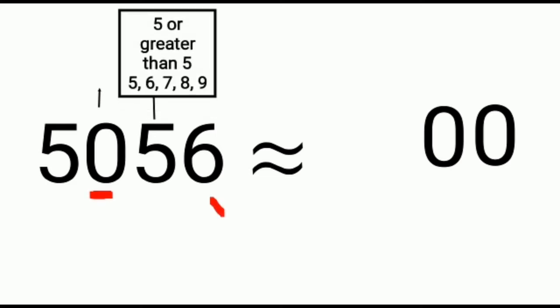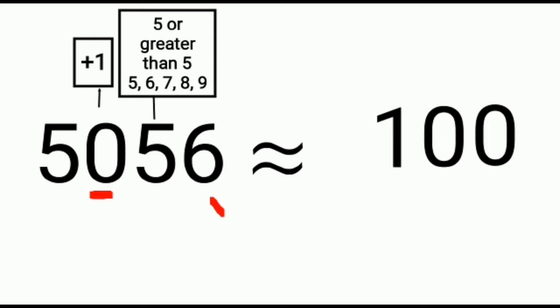So let's check the digit of the tens place. Okay, while rounding off to the nearest 100 you always have to look at the tens place digit. If that tens place digit is 5 or greater than 5, then you will add 1. So here it's 5, that's why we will add 1 in this 0. So 0 plus 1 is 1.